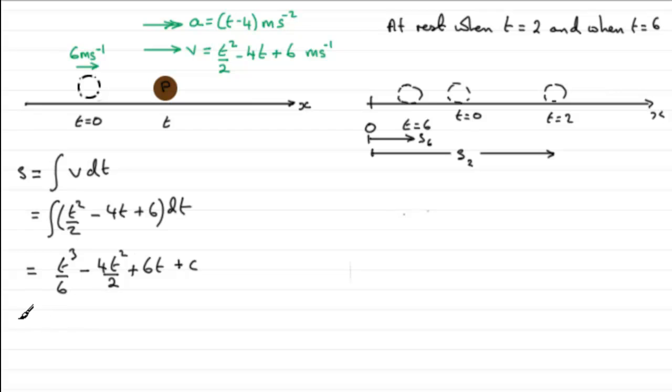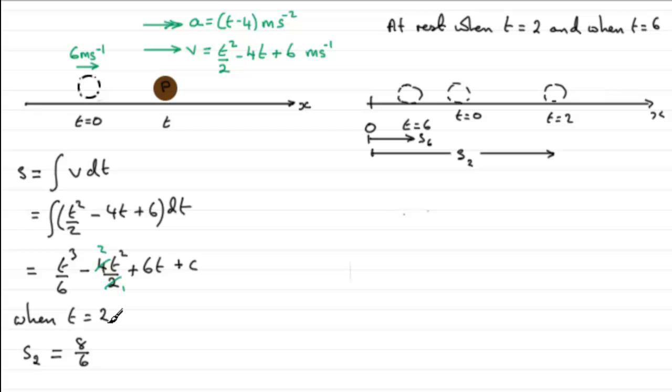So let's start by saying when t equals 2. Now when t equals 2 we get S2. S2 is going to be 2 cubed, which is 8, divided by 6. Let's just put 8 over 6 there. And for this one, well, we can actually cancel that 2 into the 4, goes twice.